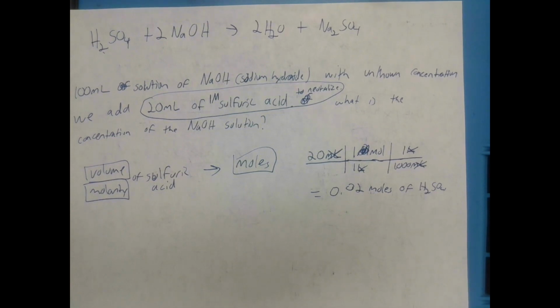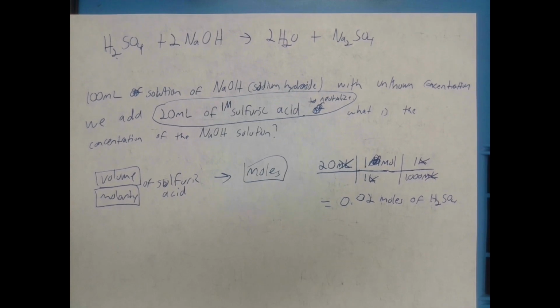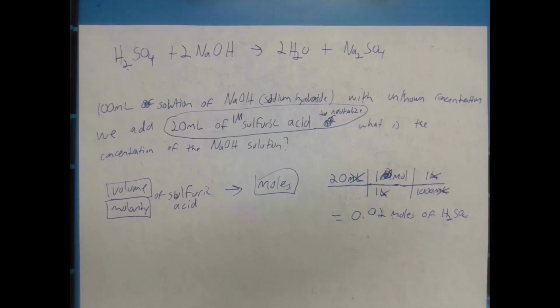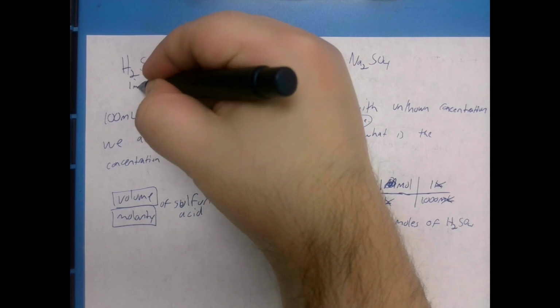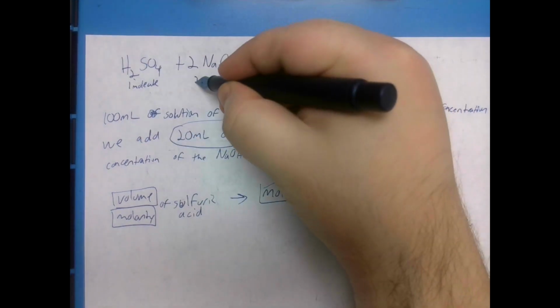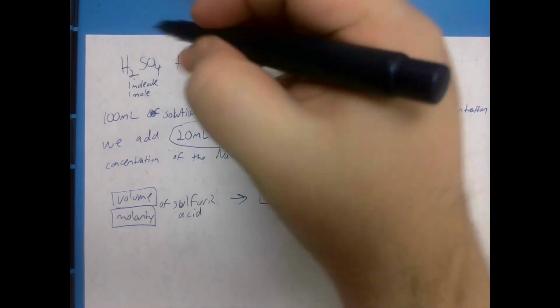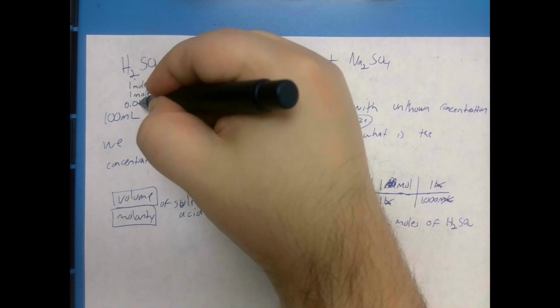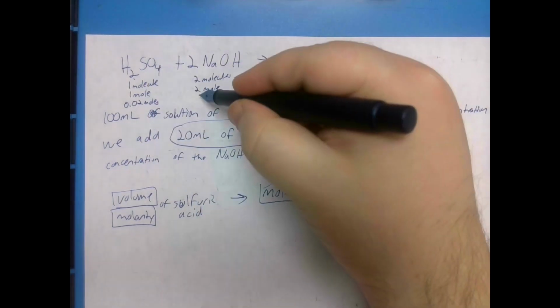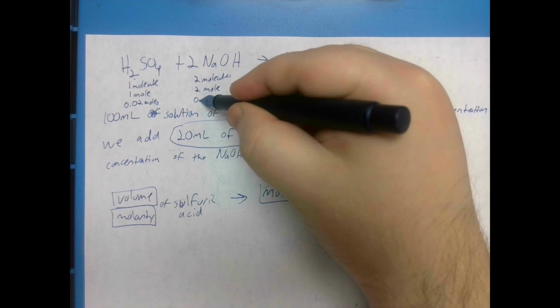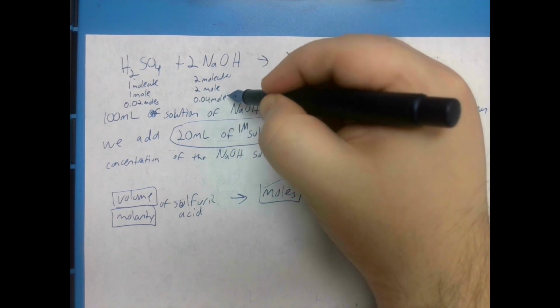So how many moles must have been in the 100 milliliter solution? Again, it's 1 mole for every 2 moles of this, or it's 0.02 moles for every 0.04 moles.